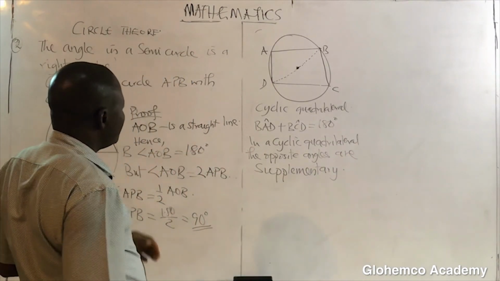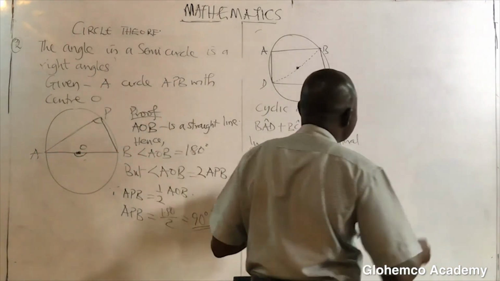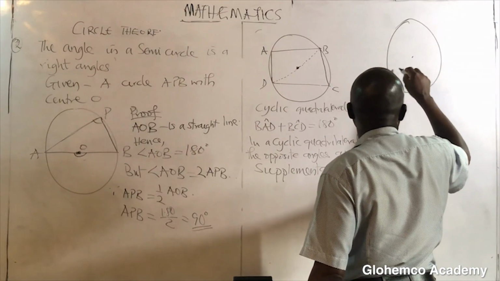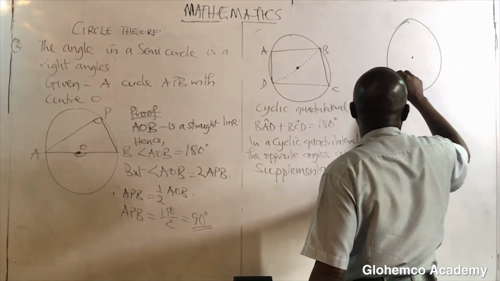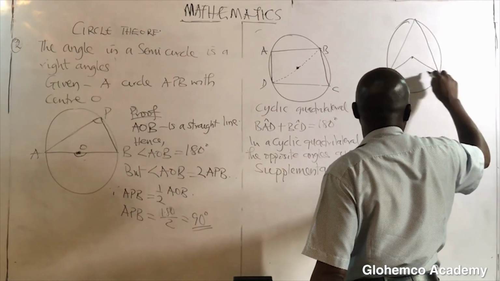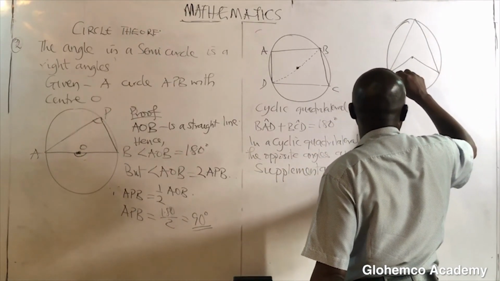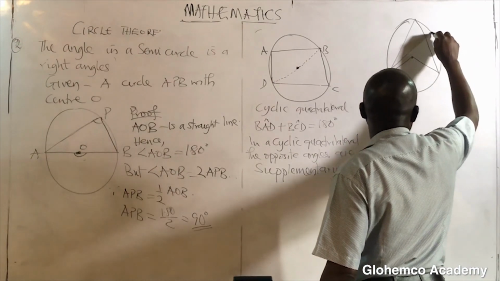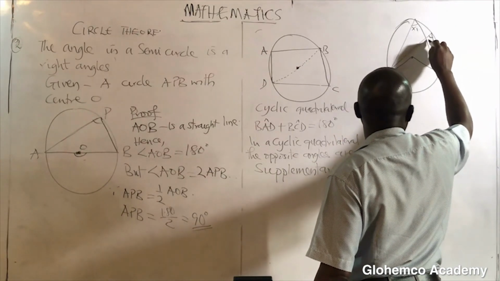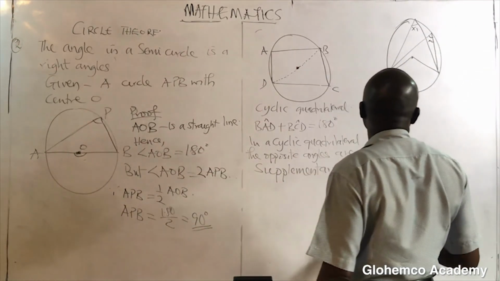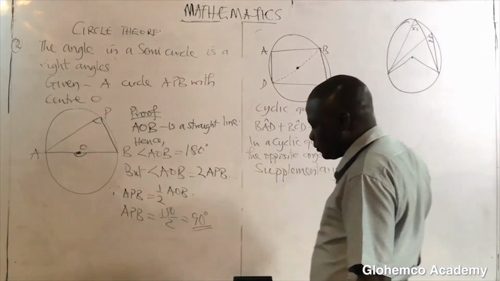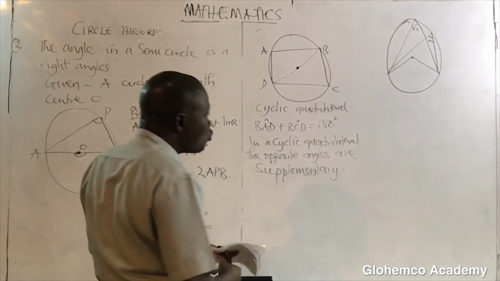Now, apart from that, there's another one: angles in the same segment. Perhaps you have something like this, with O as the center. We have another one this way. This is x1, this is x2. Then we say that the angles formed in the same segment are always equal.